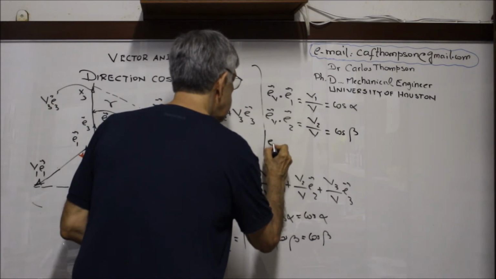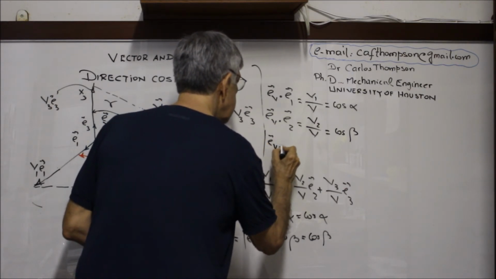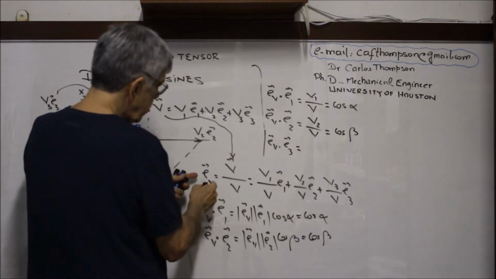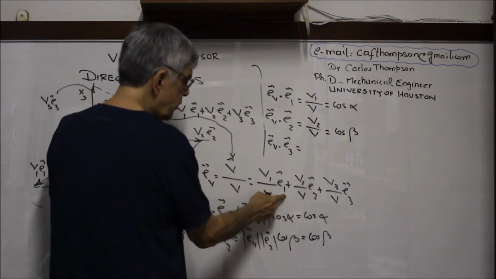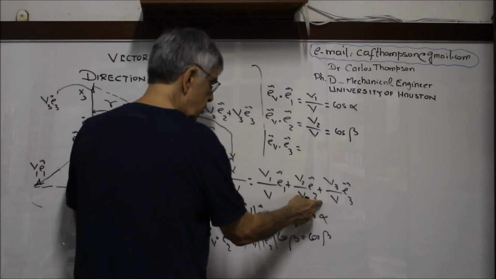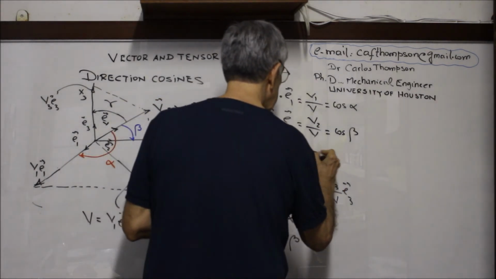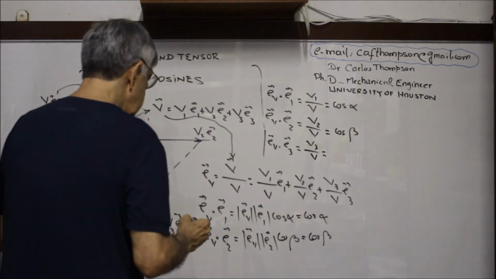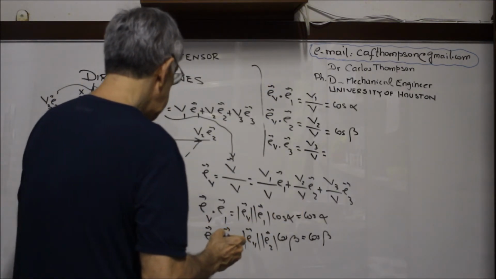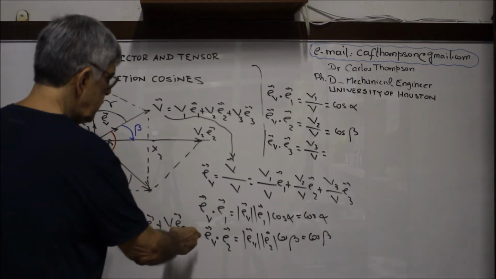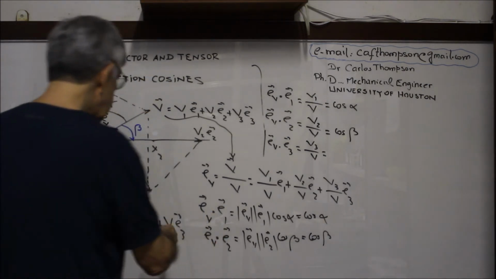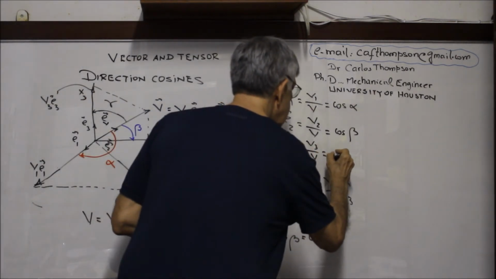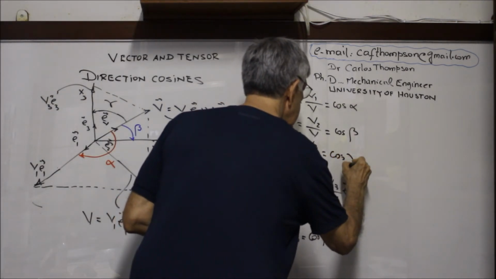And the third one is EV dot E3: E1 dot E3 is 0, E2 dot E3 is 0, so it will be V3 over V. This is the cosine of gamma.